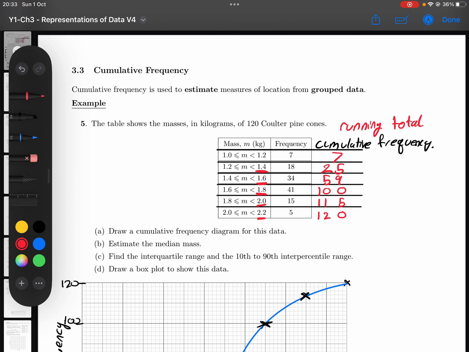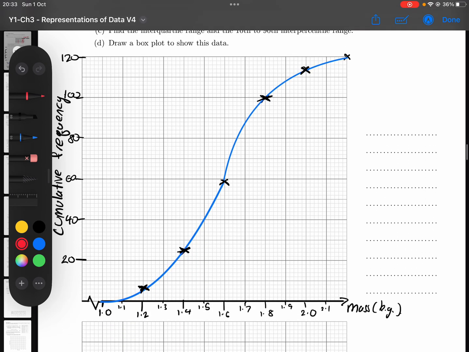When we draw this cumulative frequency diagram, and you'll see there's one I prepared earlier, there are 2 points I want to emphasise. When we label axes, we've got cumulative frequency and we've got mass. But look at this point here.